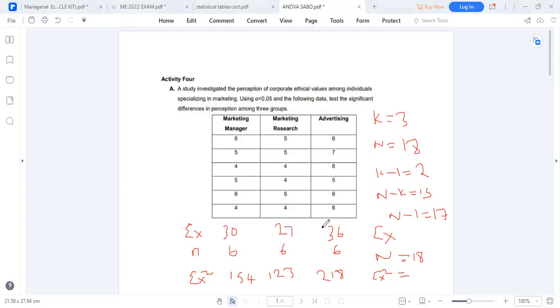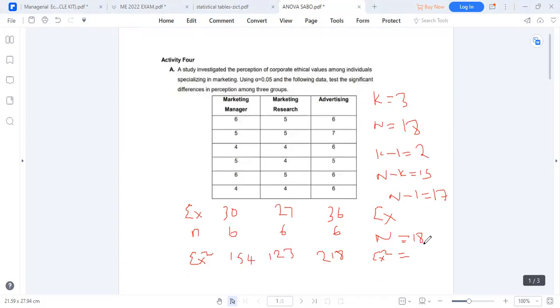Total up. This plus that plus that. What are you getting? 93. The last one is 495.